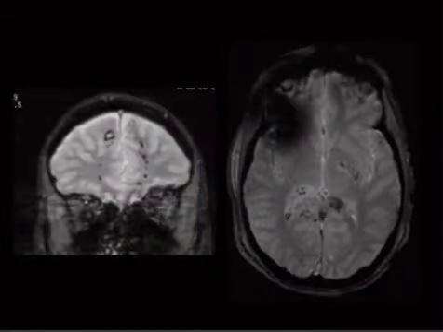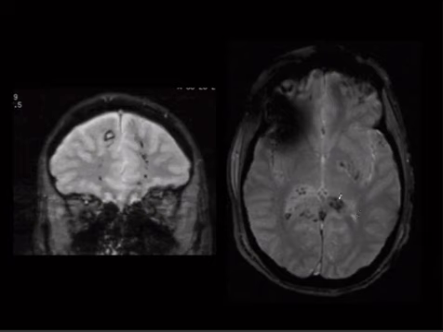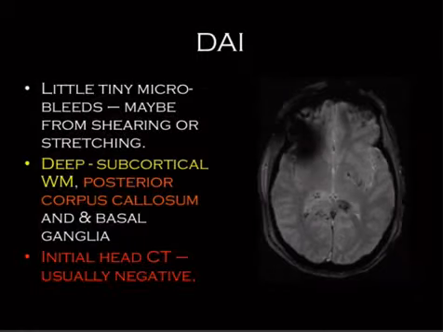All right, so we've got coronal and axial hemosiderin-sensitive sequences, and we're seeing these foci of low signal within the deep white matter, a buzzword, and along the posterior corpus callosum, which is also a buzzword. So in the setting of trauma, this is going to be diffuse axonal injury.